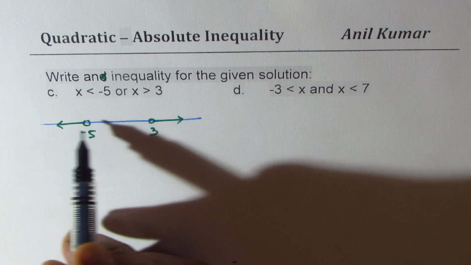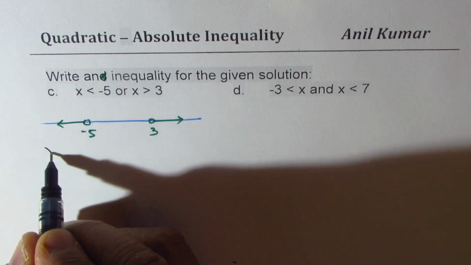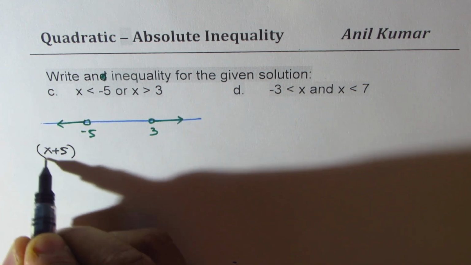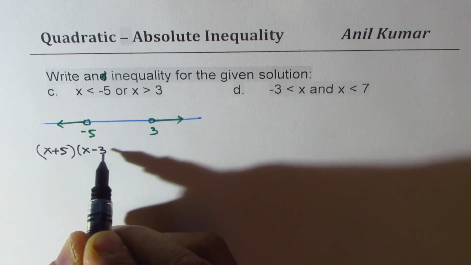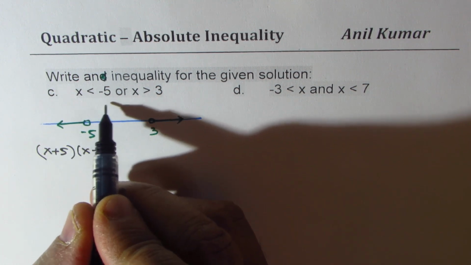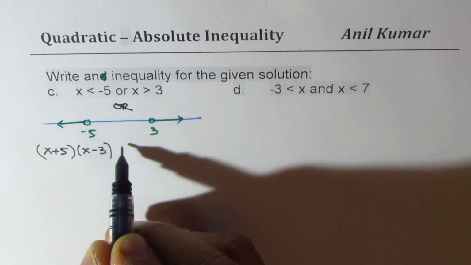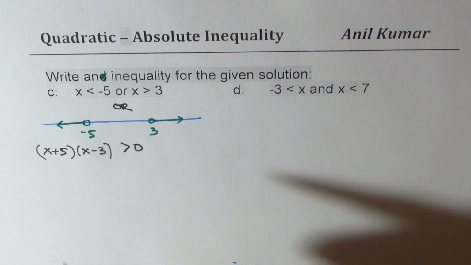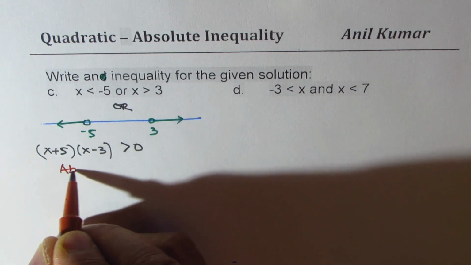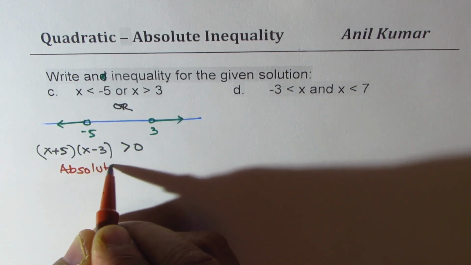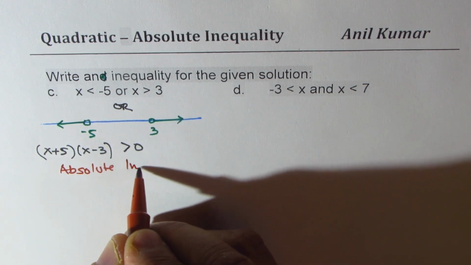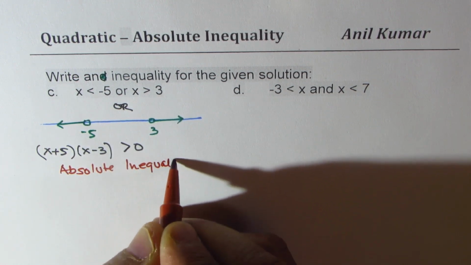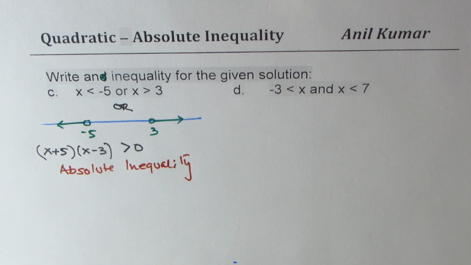We could use these as the factors, right? So we could say x plus 5 times x minus 3. And since it is an OR operation, right, we say greater than 0. Now the question is, how to write absolute function? That is a challenge sometimes. So I'll teach you that part in this.